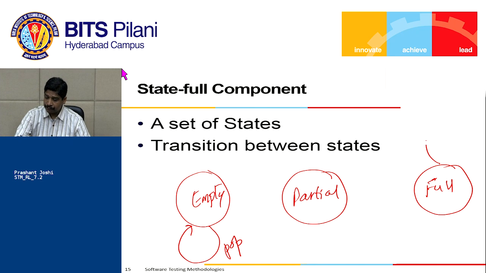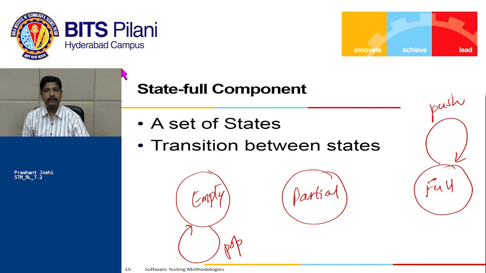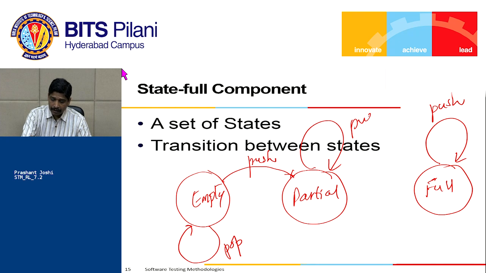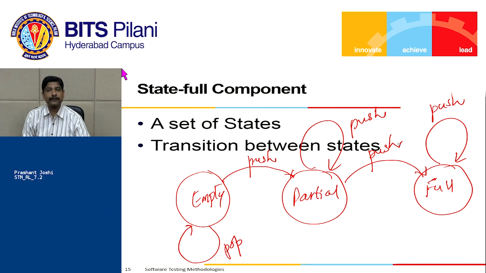If I push on a full stack, nothing happens. If I push on an empty stack, it is going to be partially full. If I keep pushing on a partial stack, I get a push here and it may remain partial, or ultimately I get a push and the stack is full.